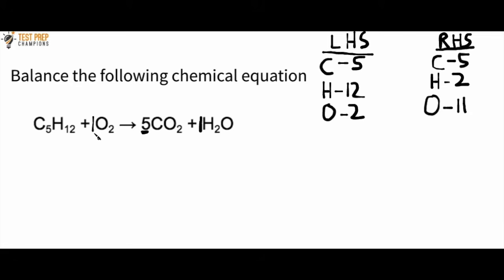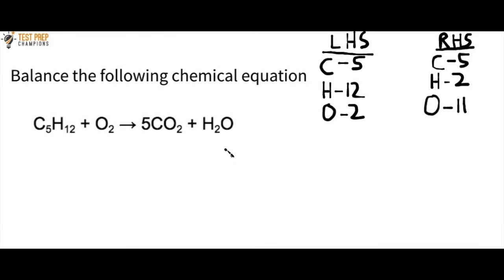The thing here is that these coefficients, we can change them, but these little numbers here that are called subscripts, we can't change those. So when you're balancing, just remember that you cannot change these little numbers. It's the numbers out front that you want to change when you're balancing.